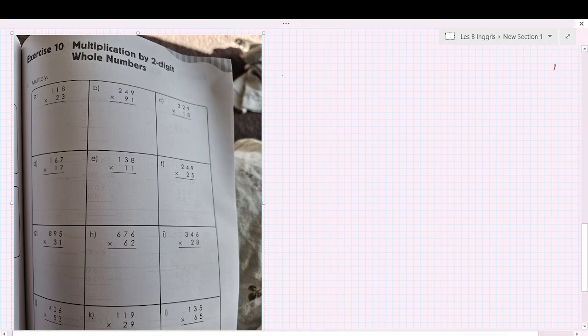Explain first. Okay, so 118 times 23 is the exact same as the two digit multiply. You just multiply one by one. So the first is 118 times 23.